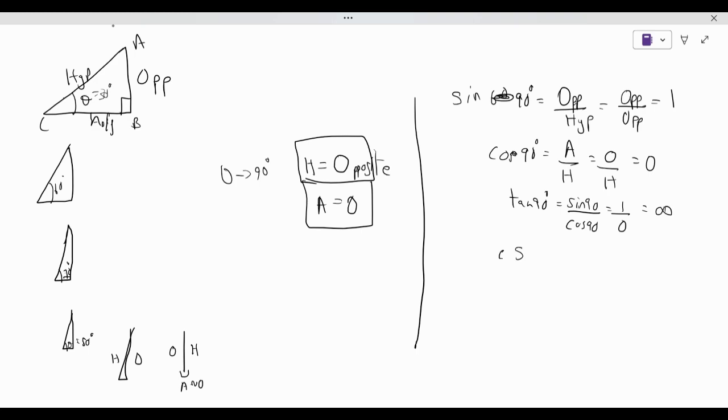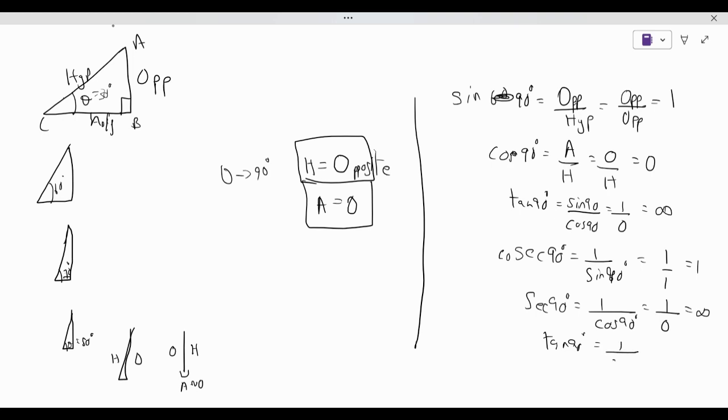Now cosec 90 will be equal to 1 by sine 90, which is 1 by 1, equal to 1. Sec 90 degrees will be 1 by cos 90 degrees, which is 1 by 0, equal to infinity.